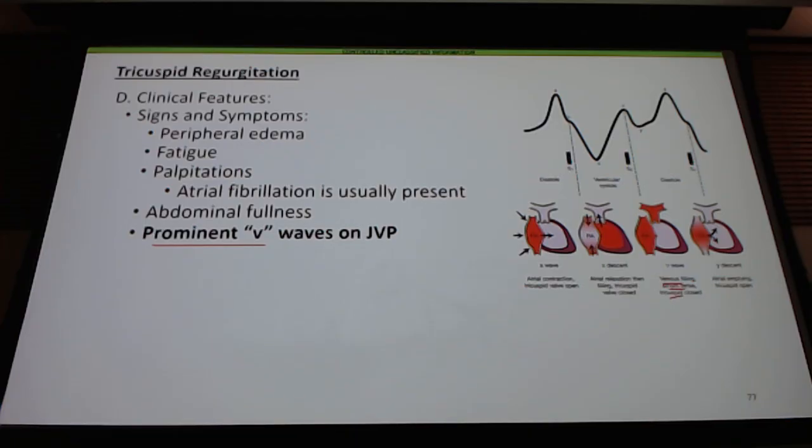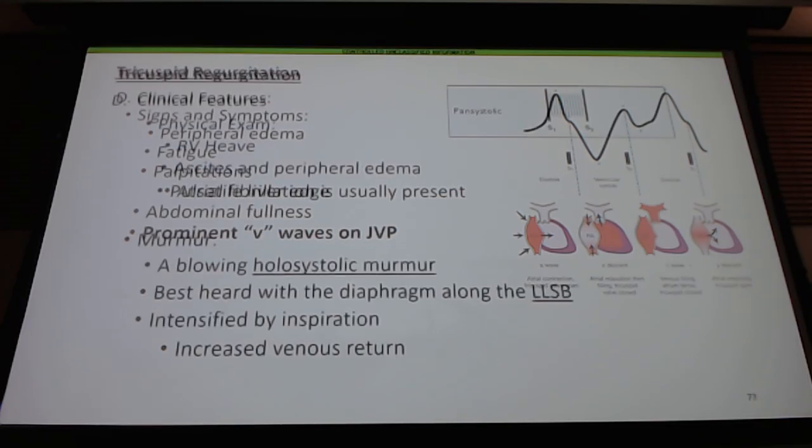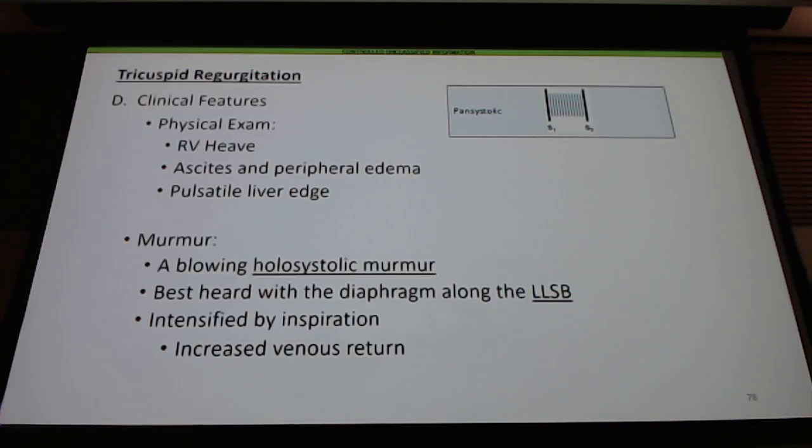That tricuspid valve is closed, and that atria is really full from all that regurgitant flow coming in, and also all that venous return coming from the peripheral venous system, and it's trying to get rid of that volume into the ventricle. So you're going to have this prominent V wave right before that tricuspid valve officially opens, and then you get that flow through the tricuspid valve.